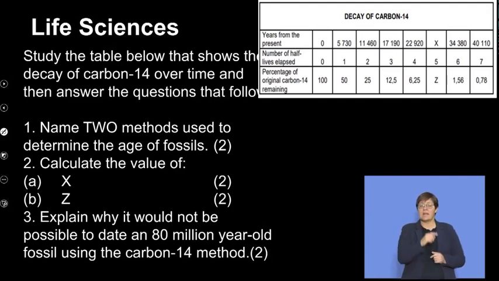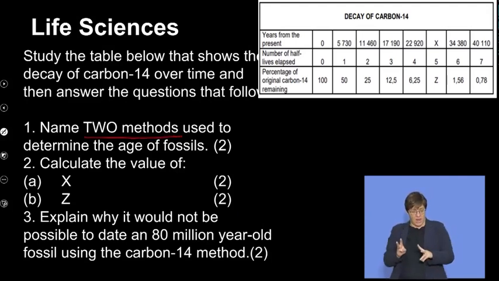First question says, name 2 methods used to determine the age of fossils, and here you would have to write down relative dating and absolute or radiometric dating. Then the next one is calculate the value of x, and then calculate the value of z.